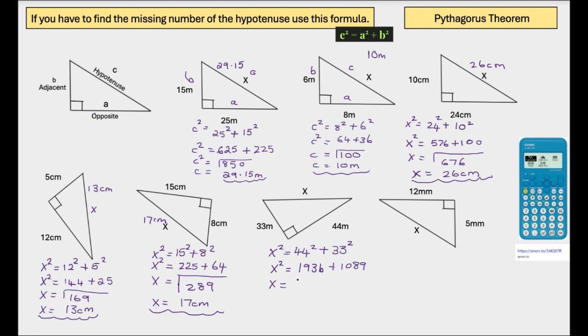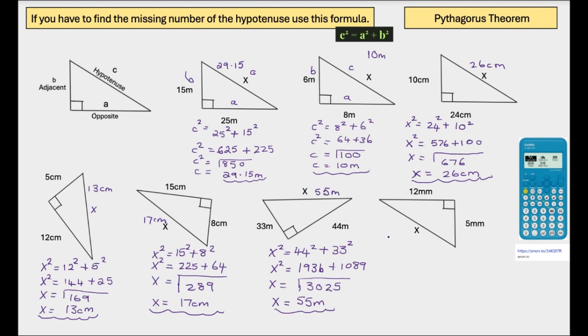And we need to square root that answer to get X on its own. It's 3025. Whack that in your calculator. And the answer is simply 55 metres. So our X is 55. My missing side is 55.